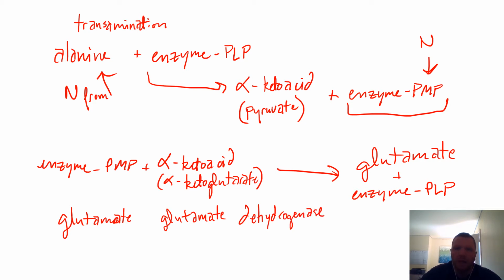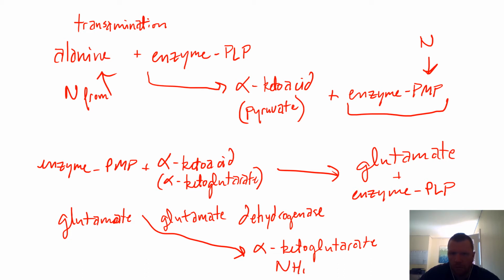Now that glutamate dehydrogenase will help us regenerate alpha ketoglutarate, and it will also help us release NH4+, so our ammonium. Okay, so this is in a nutshell what we're wanting to do.